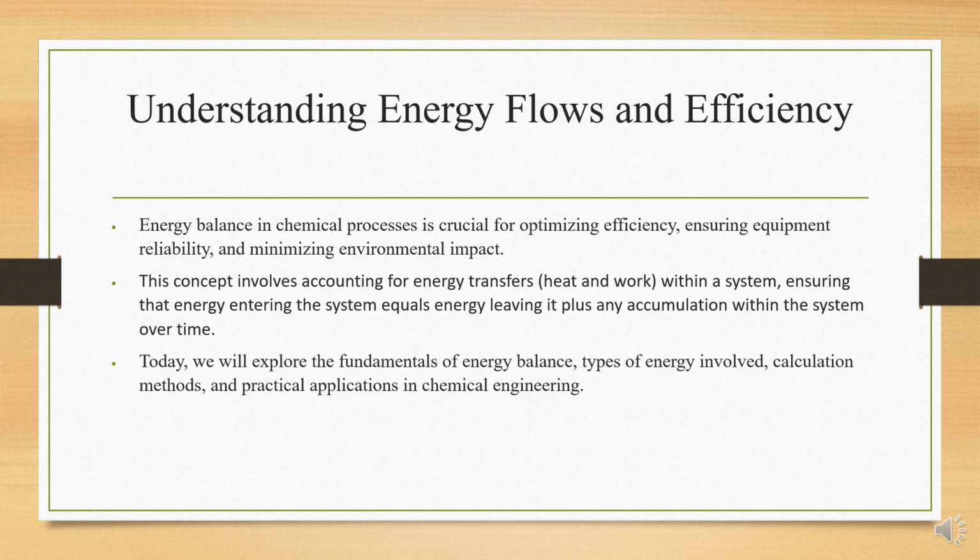This concept involves accounting for energy transfers, being net heat and work, within a system, ensuring that energy entering the system equals energy leaving it plus any accumulation within the system over time. Today, we will explore the fundamentals of energy balance, types of energy involved, calculation methods, and practical applications in chemical engineering.